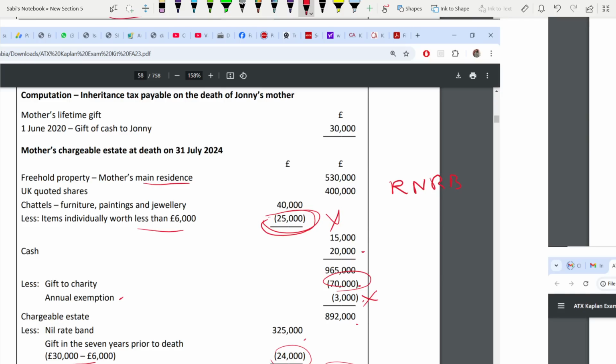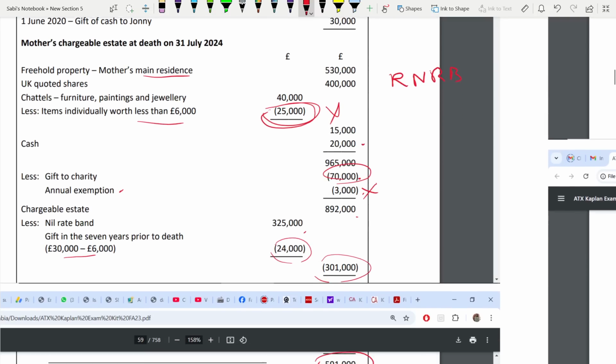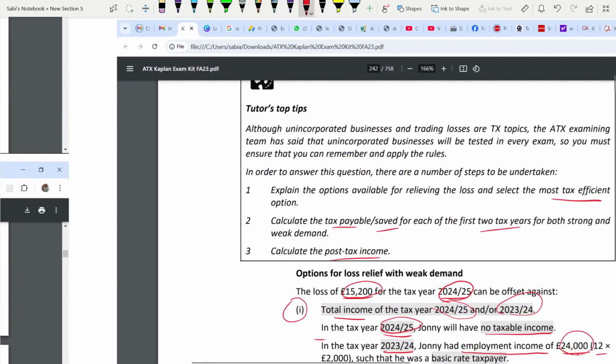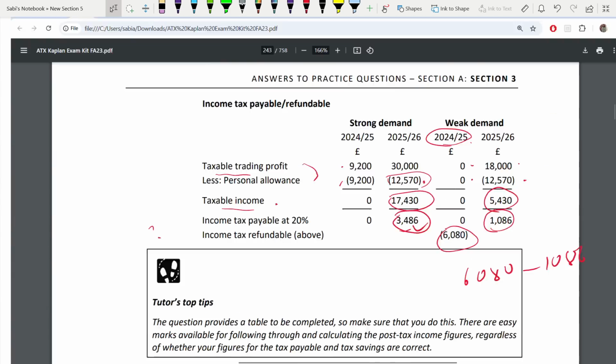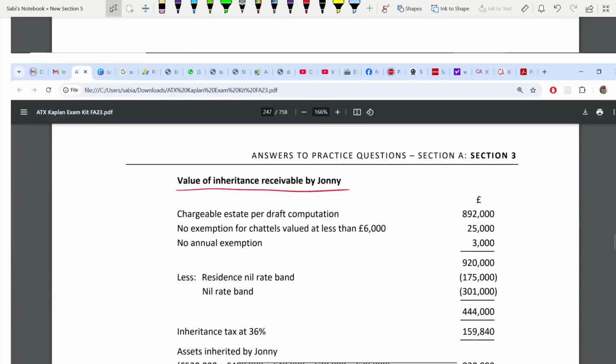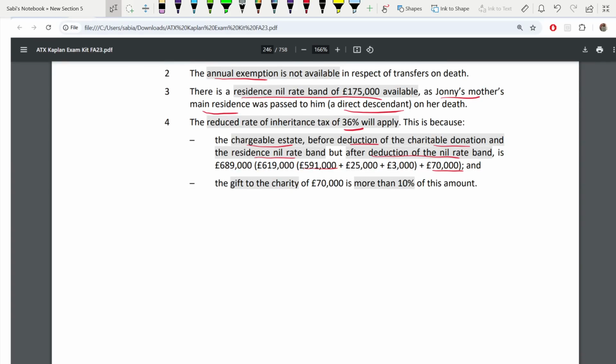You can't deduct. Now add back with your 591, the transfer value, and then add 70,000 given to charity. So 591, 25 chattel, 3,000 annual exempt and 70 charitable. If you add this, it adds up to 689,000.